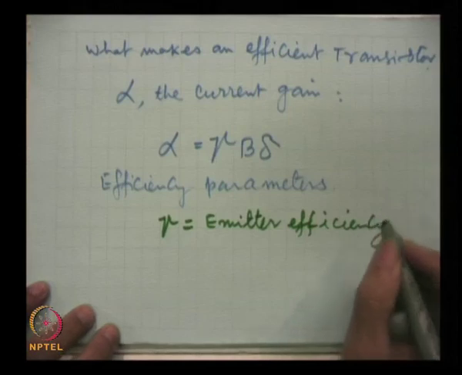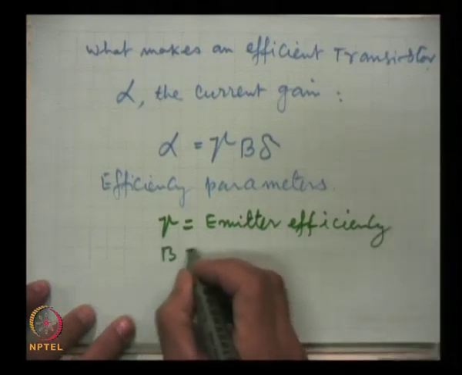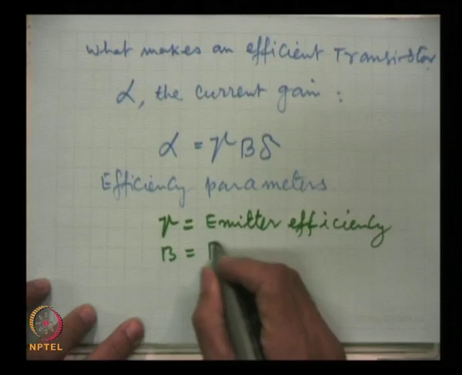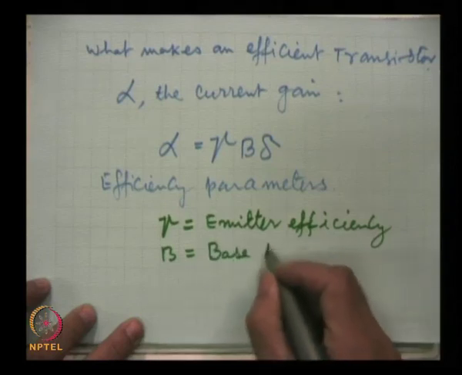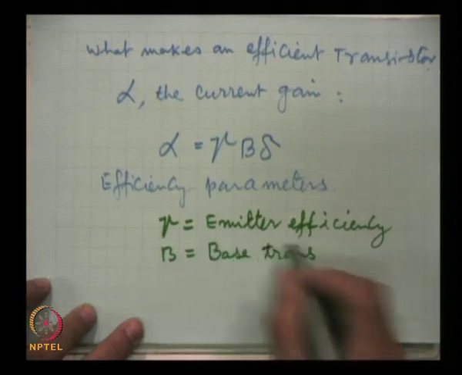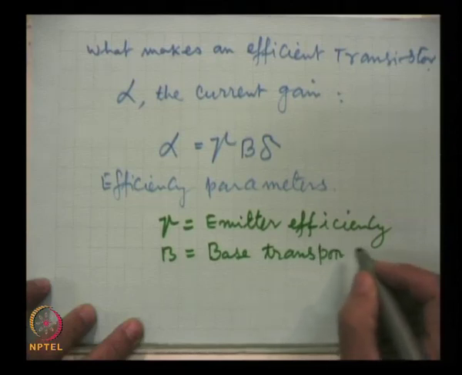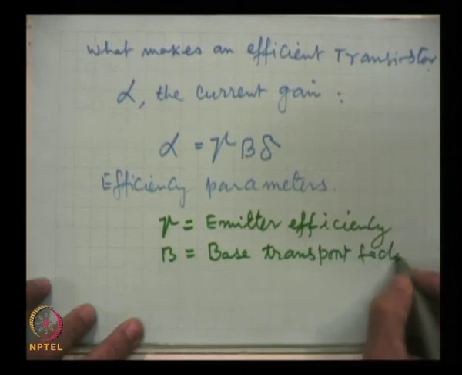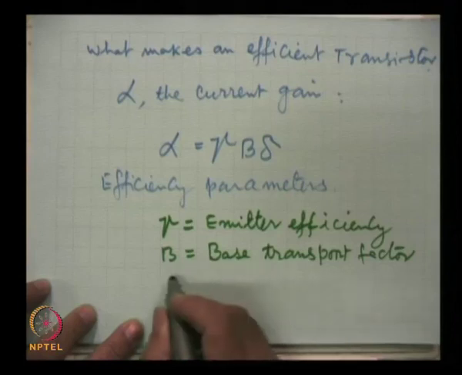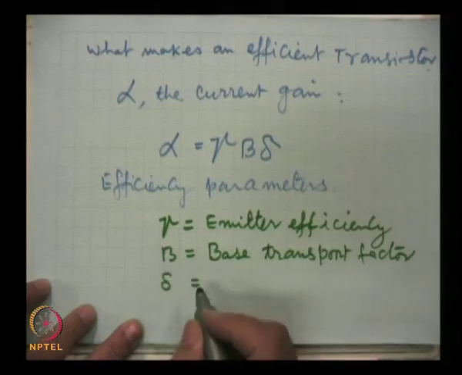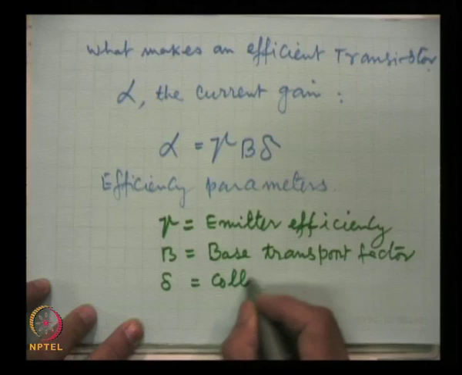B is called base transport factor, and delta is called collector efficiency.